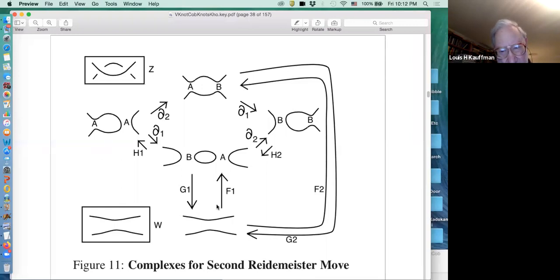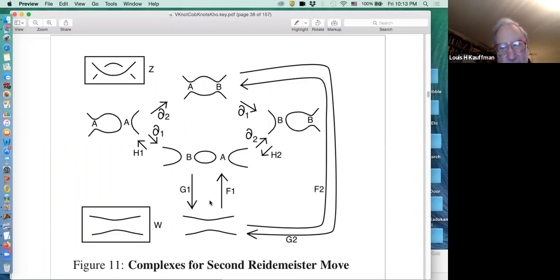But what we discovered was that we didn't have to worry about the top line because the top line is almost the same as the bottom line here. What we had to worry about was the back and forth maps along the bottom line here. And the back and forth map that goes from here and back to here is the composition of first do F1 and then do G1.